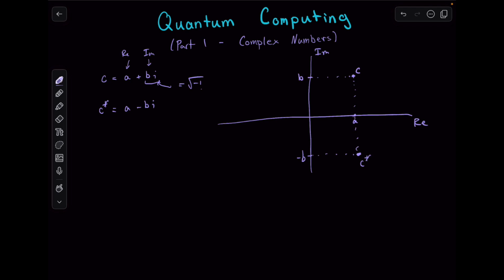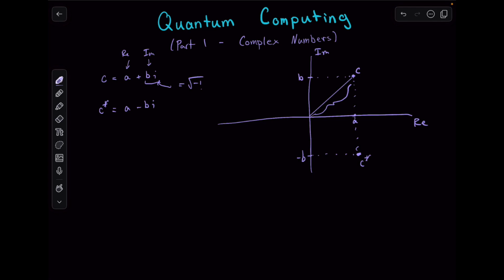Another useful thing that we can define about a complex number is its length. Since we're plotting this on a plane, it has a certain distance from the origin, and say we'd like to know what this length is. This is pretty interesting because you can just use Pythagoras' theorem here.